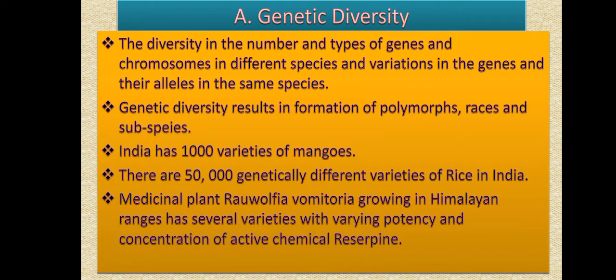That means the plant produces an active chemical reserpine, and due to different levels of potency and varying concentration of this chemical, it has different varieties.